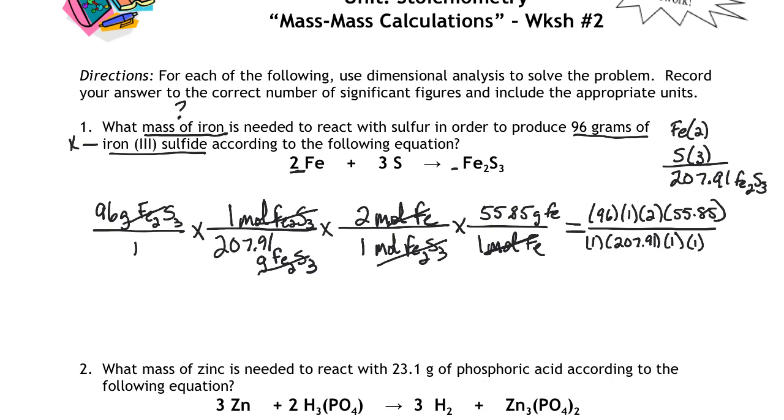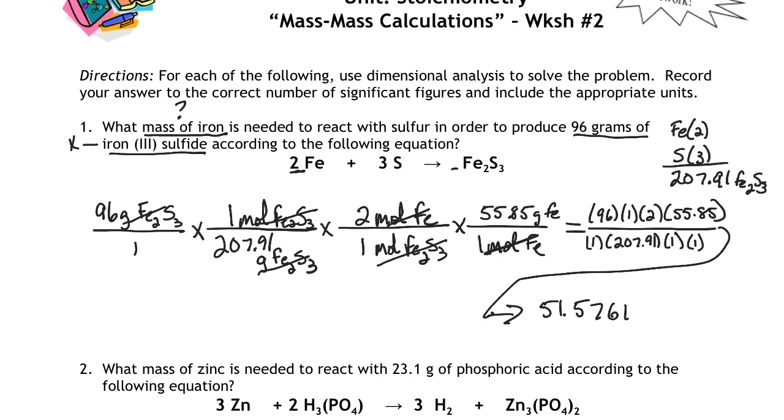Now I'm going to stop the video here for a second, do some calculations, and I'll put my answer right there. Okay, the answer I got in my calculator is 51.5761 and so on.